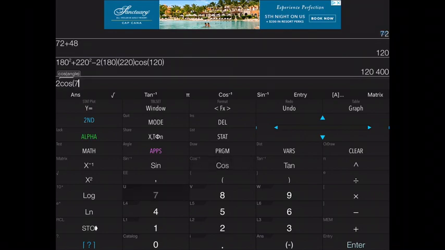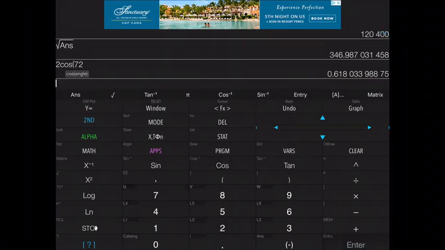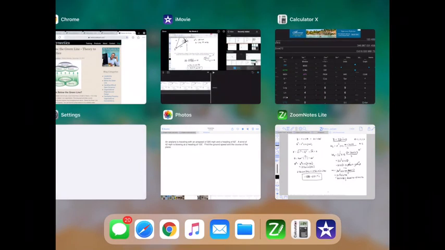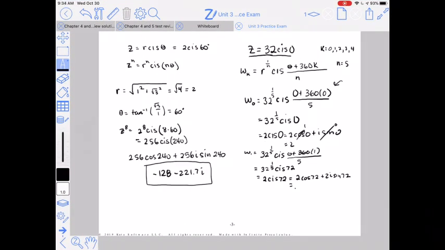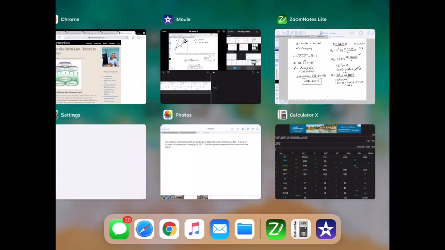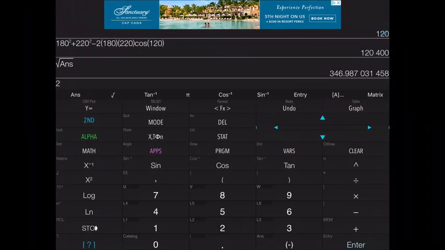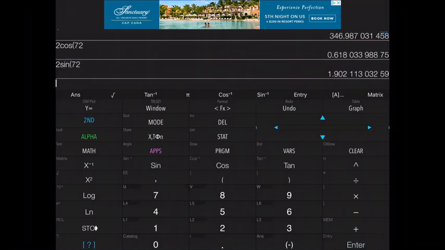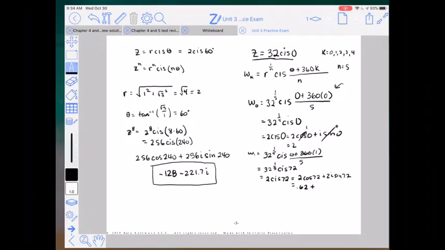So we need 2 times the cosine of 72. That's 0.62. And then 2 times the sine of 72. That's 1.9.